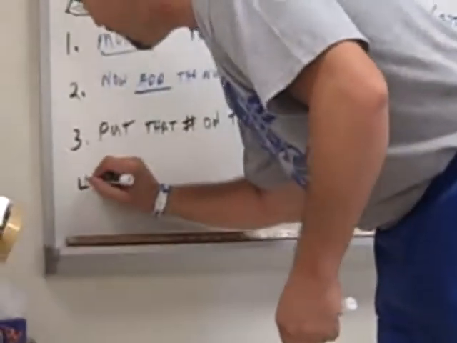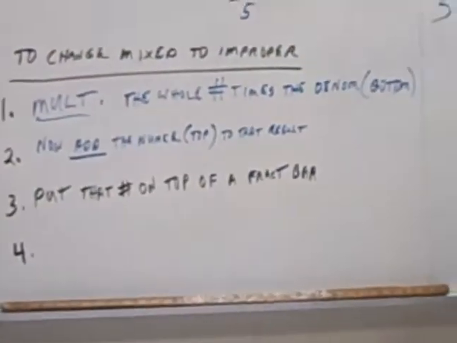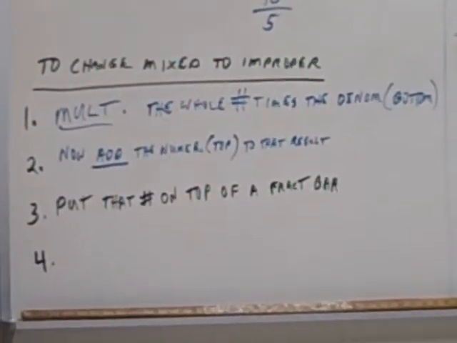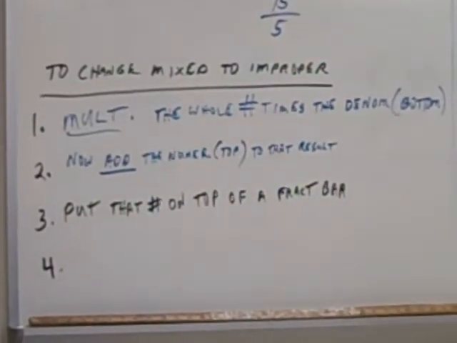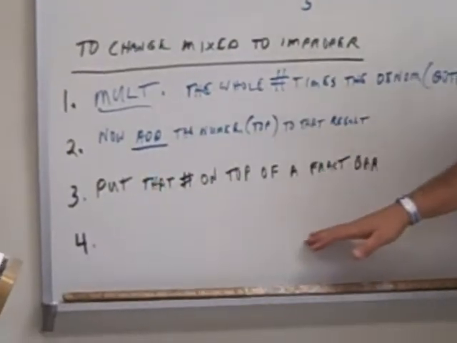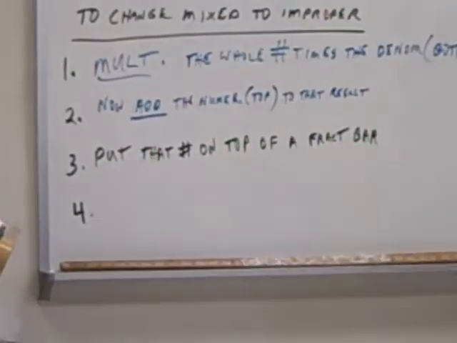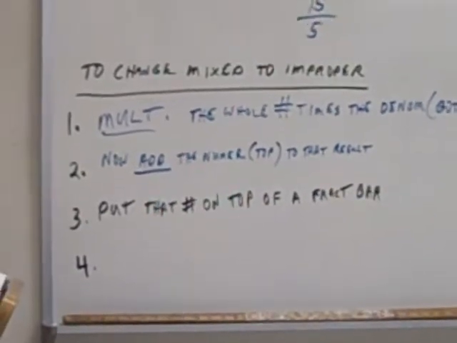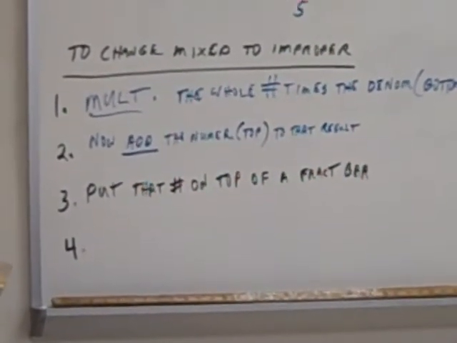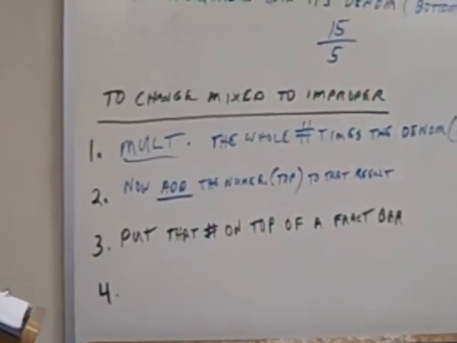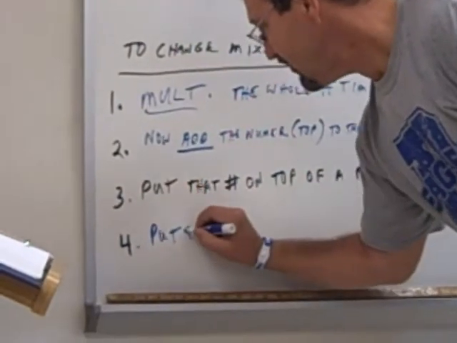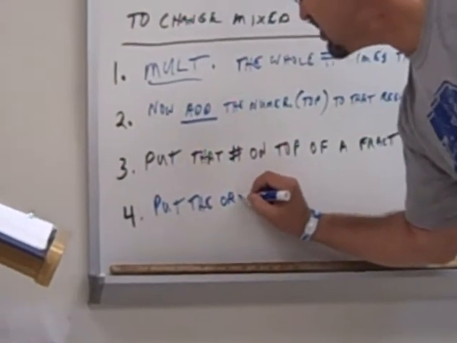What do you think step 4 is going to be to make this look like our pizza pieces over here? Tell me what it is. Okay? I can't put the 4 in there because it may not be 4 on every problem. So what am I going to say? You're right, but don't say the word 4. Put the denom in the fraction. But I'm going to say put the original.